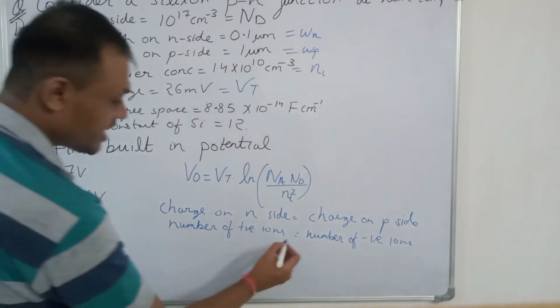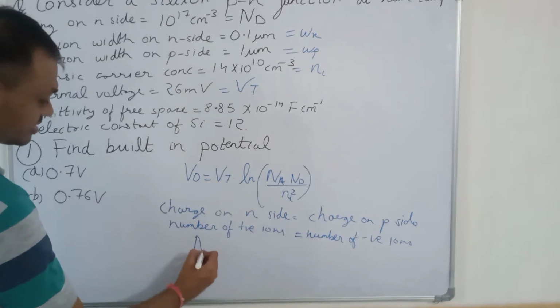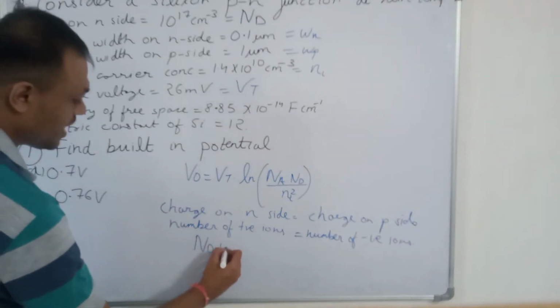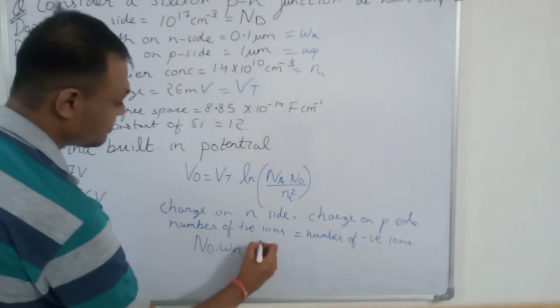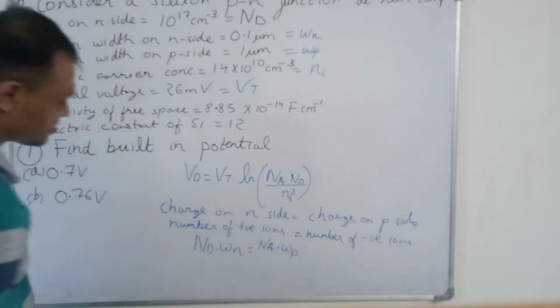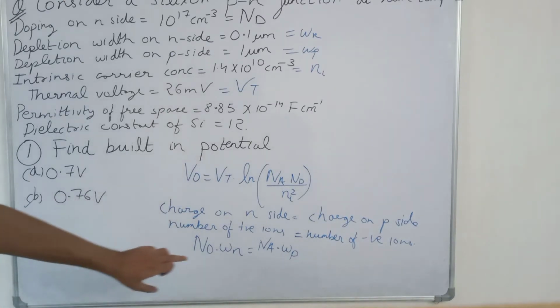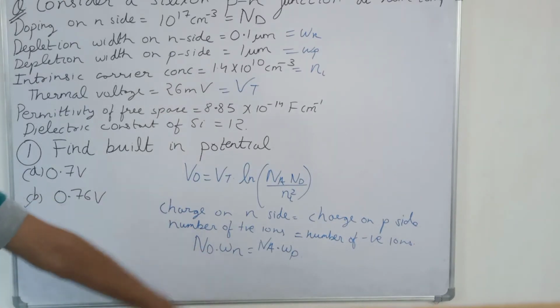So this is equal to Nd dot Wn is equal to Na dot Wp. So Na will be equal to Nd dot Wn upon Wp.